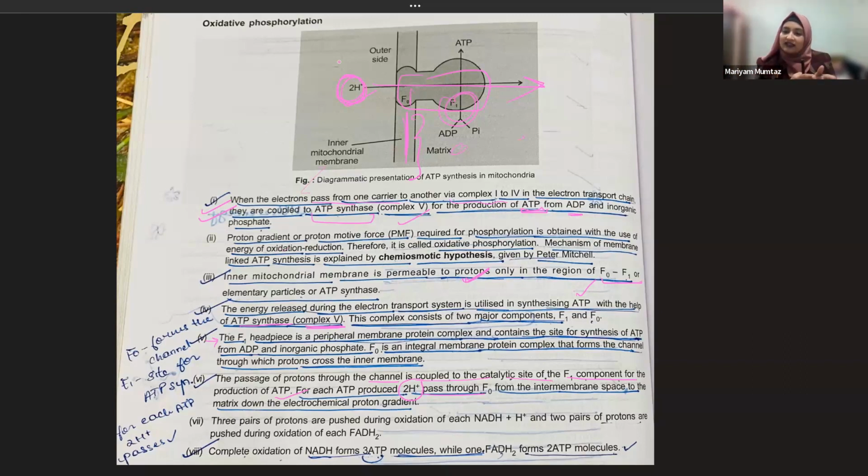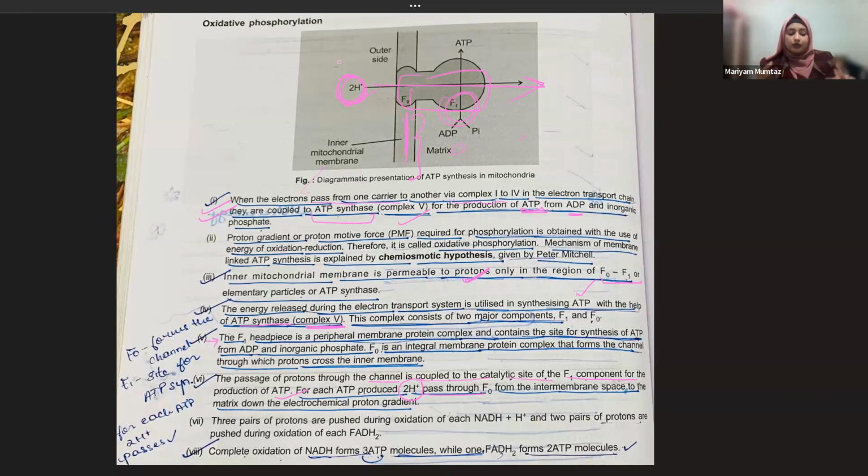The protons, which were formed as a result of all these reactions, cyclic, non-cyclic, and all of these, start accumulating towards the lumen of the chloroplast. Lumen is just like the area enclosed. We're talking about plants. We're not talking about animals.